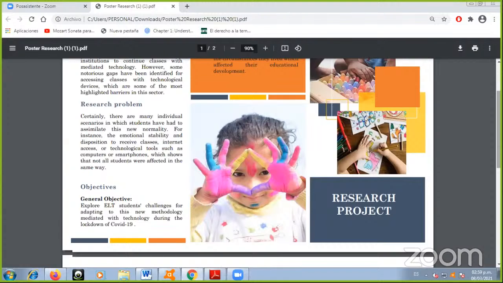Six: 2 from the first semester, other 2 from the middle, like fourth semester, and other 2 from the last semester of English, the seventh semester.